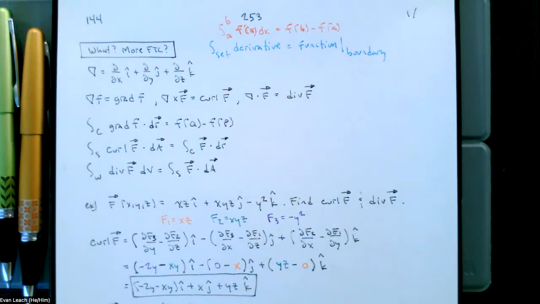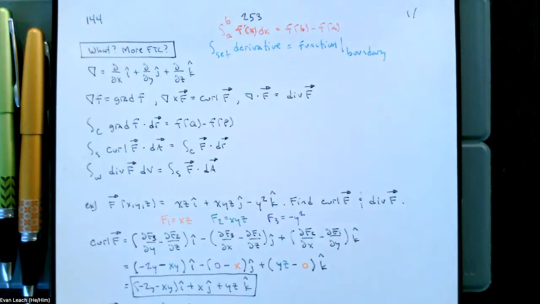In Stokes' theorem, we're integrating the curl of the vector field dot dA over some surface S. Yesterday, we talked about how dA is some small normal vector to the surface. And we can calculate the integral of the curl dot dA over some surface by evaluating the vector field at the boundary of the surface.